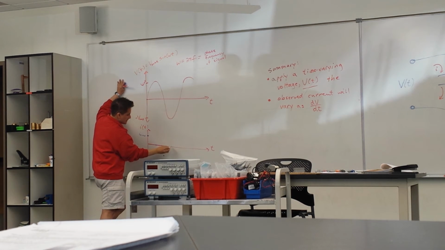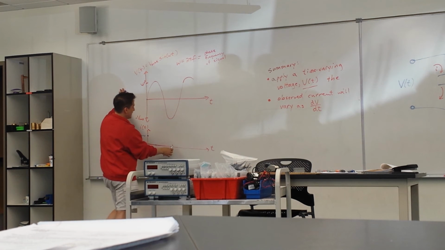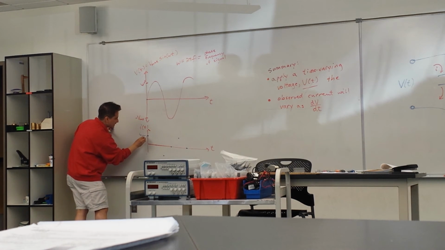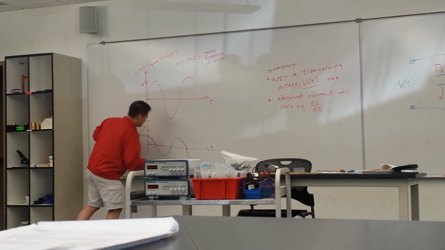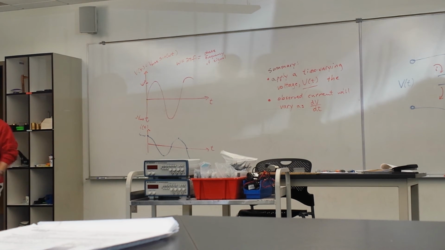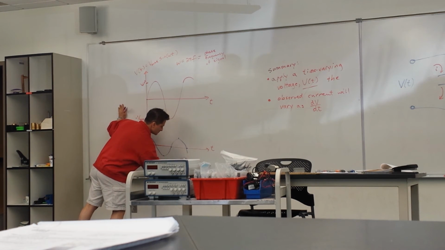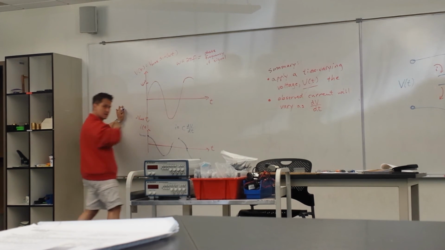Where it's changing at the slowest rate again, we would expect it to look something like this, and on and on. So we would expect this to look like a cosine function, since I is related to C dV/dt.